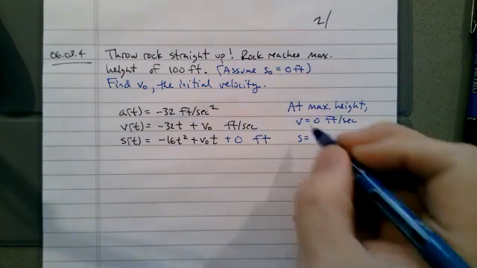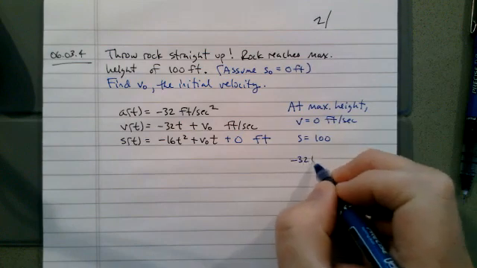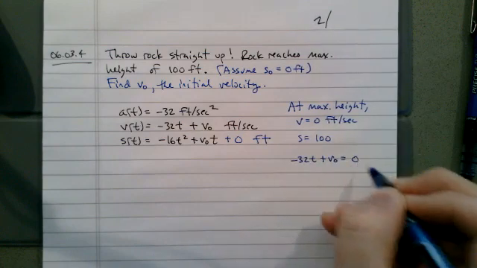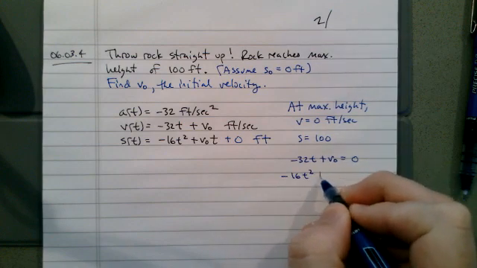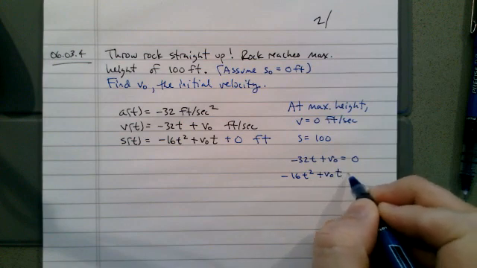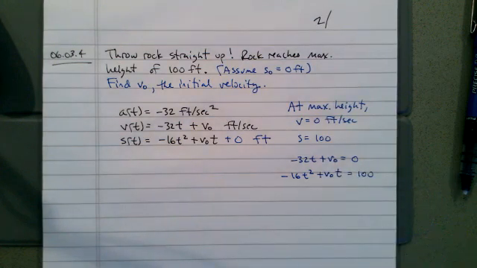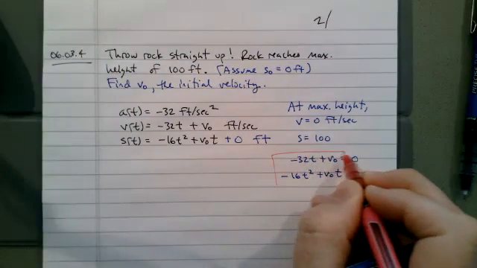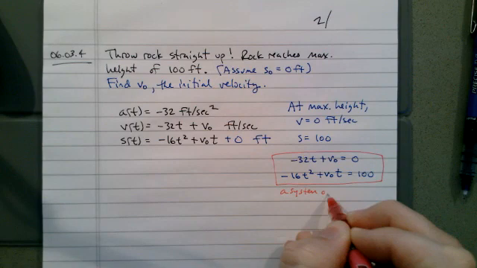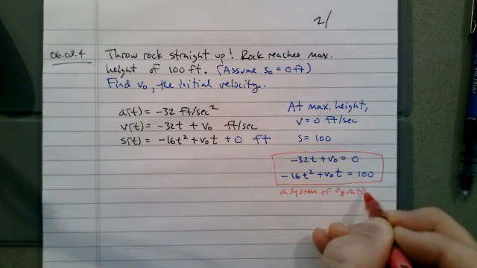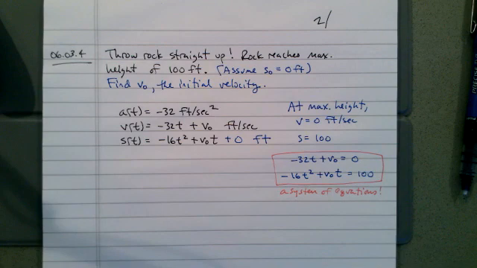Let's write that system down. So this tells us that negative 32t plus v naught is equal to 0. And also negative 16t squared plus v0 times t is equal to 100. So we get this system of equations, and we just need to solve it.